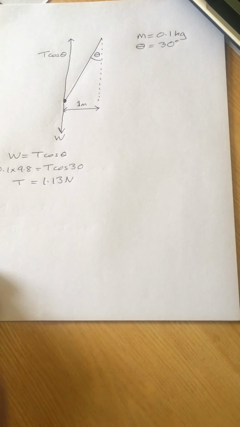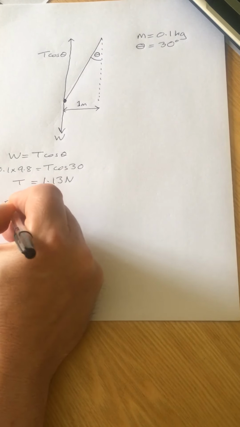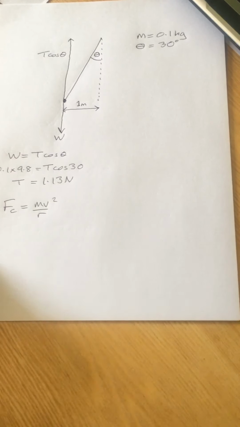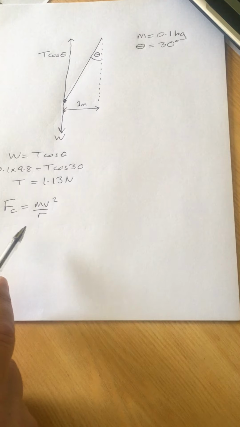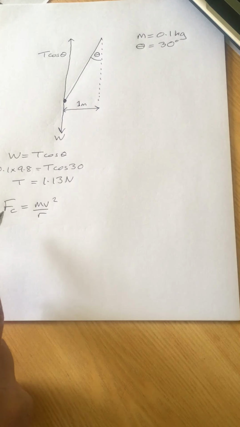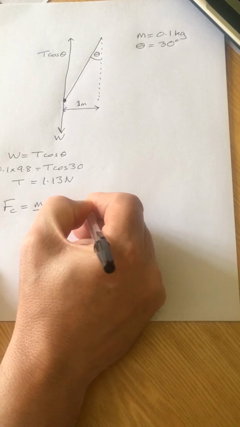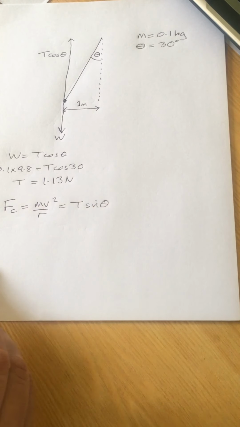Now for the linear speed, we know that centripetal force is mv squared upon r. We have m, we have r, we want to know v, but we know that the centripetal force, as stated earlier, is equal to the horizontal component of the tension, which is T sin theta.